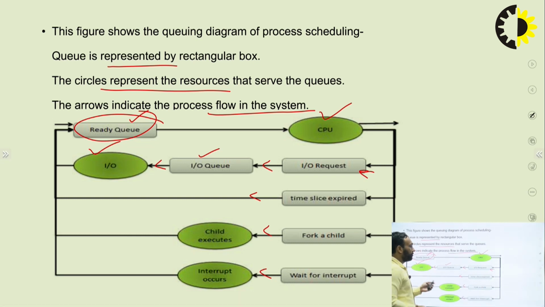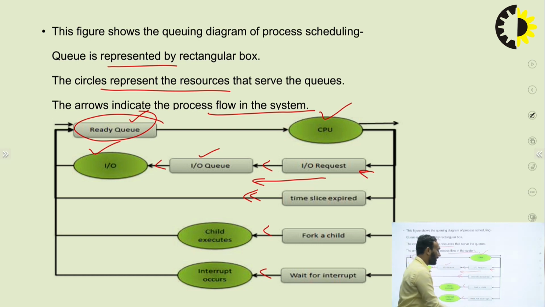As I said in a previous slide, each device maintains its own queue. Similarly, if it falls into the time slice category, it will go directly to the ready queue and queue again for execution.